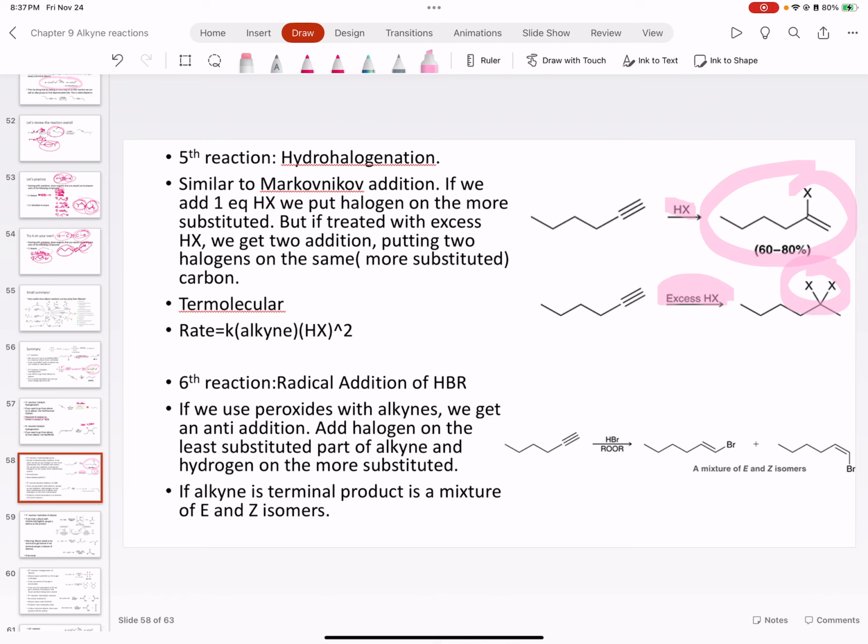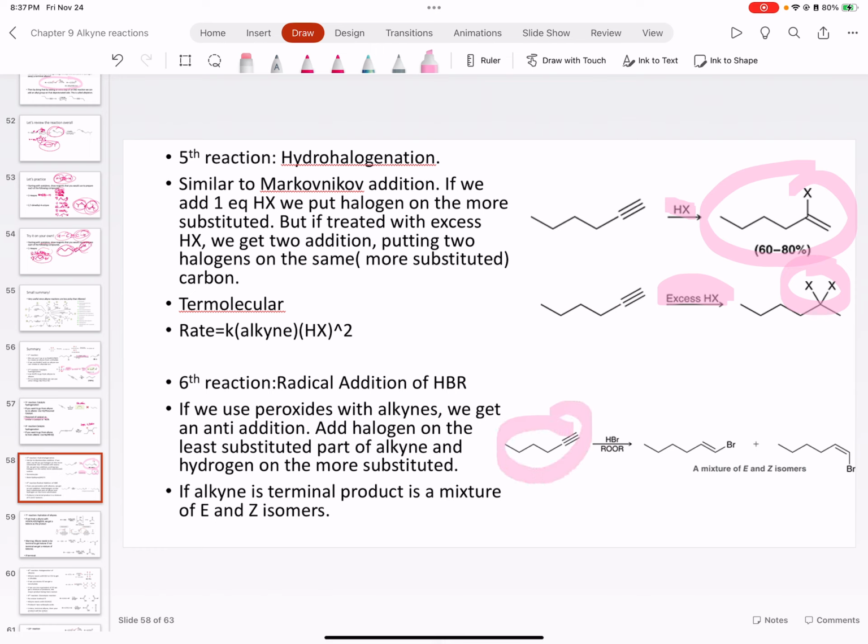Sixth reaction, addition of HBr with peroxides. If we use peroxides with alkynes, we get an anti-addition. We add the halogen on the least substituted part of the alkyne and hydrogen on the more substituted. If the alkyne is terminal, the product is a mixture of E and Z isomers.